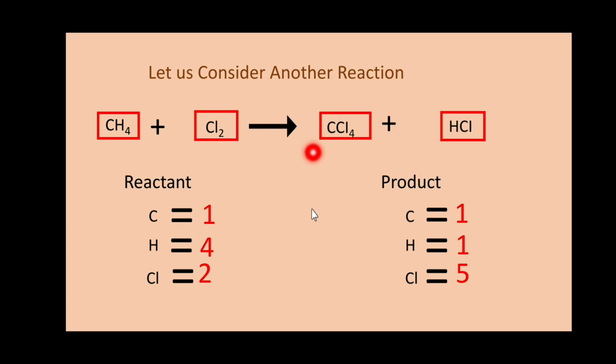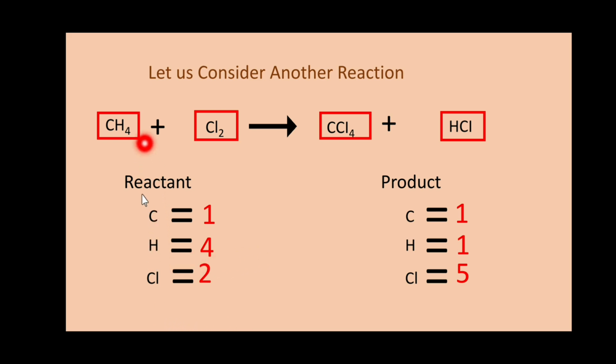So here we have to consider hydrogen, because chlorine possesses an odd number of atoms. That is why we have to focus on the element hydrogen. Here, on the product side only 1 hydrogen atom is there.